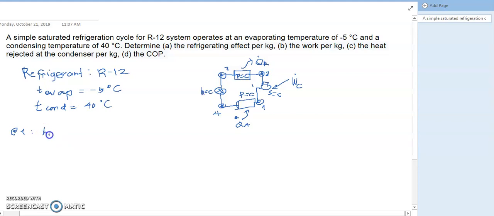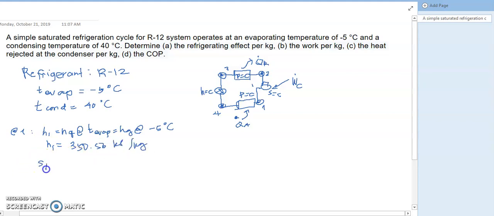So we can say that H1 is equal to Hg at T evap, that is Hg at -5 degrees Celsius. Looking at the table, I got a value of 350.56 kilojoules per kilogram.